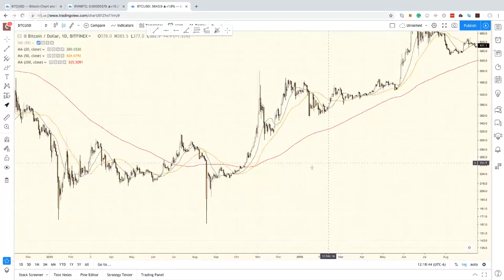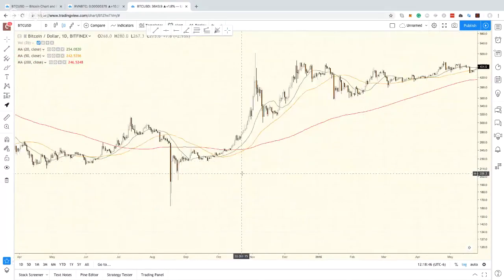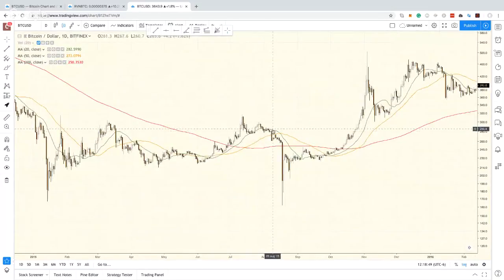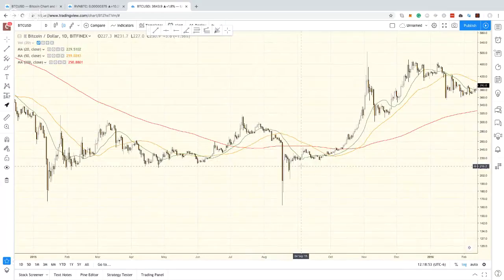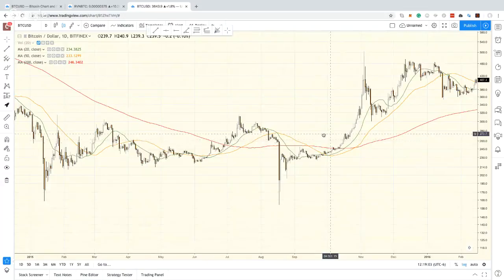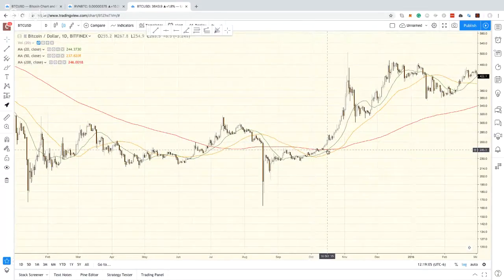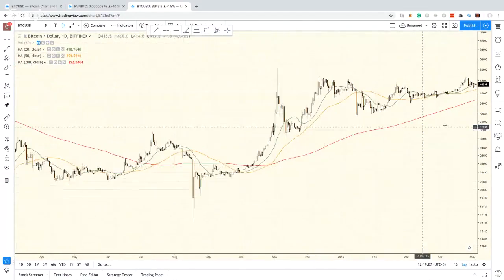So by saying this, if the 20 MA is above the price, we're in a bearish trend. If the 20 MA is below the price, we're just having an impulse, and this means that in the short term we're bullish. The 200 MA tells you the complete trend.